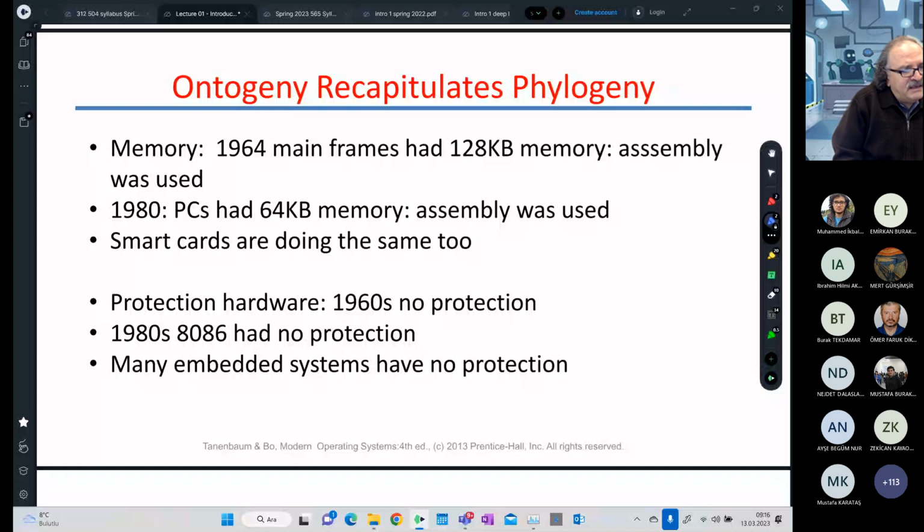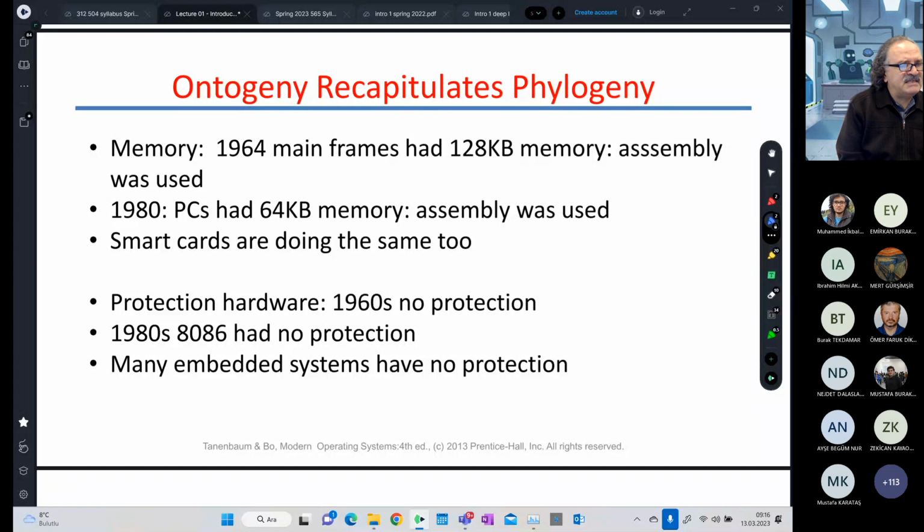They think of it that way, and they have no permission to use other processes' memory or resources. The hardware provides this protection mechanism. Even if I want to intentionally modify other processes' data, I can't do that because of the protection provided by the hardware. That's called protection hardware.